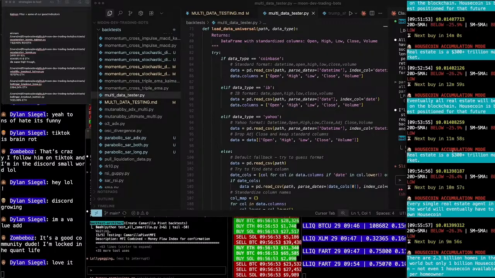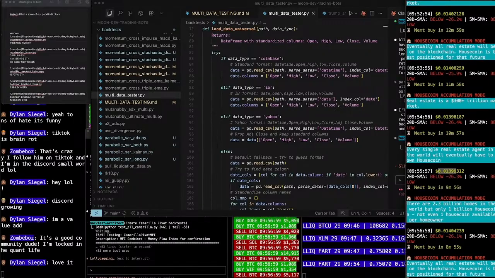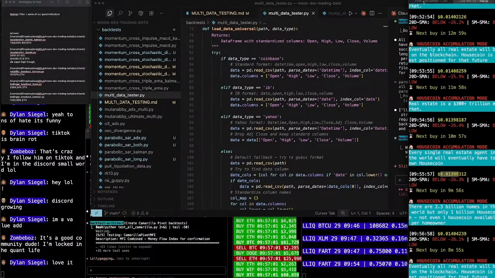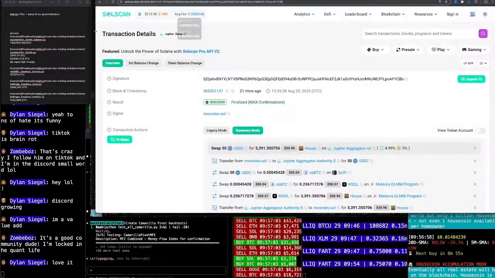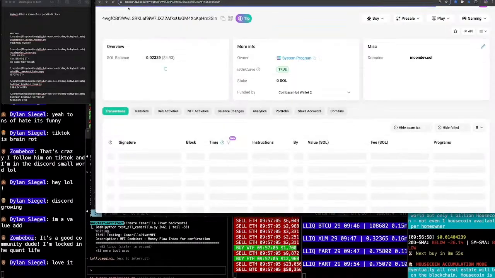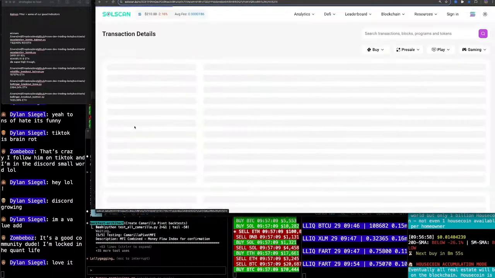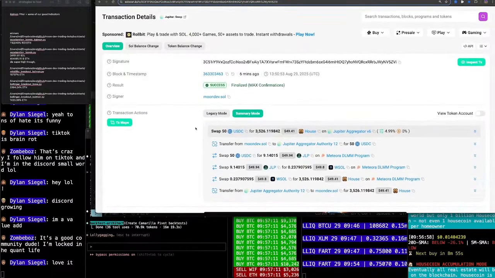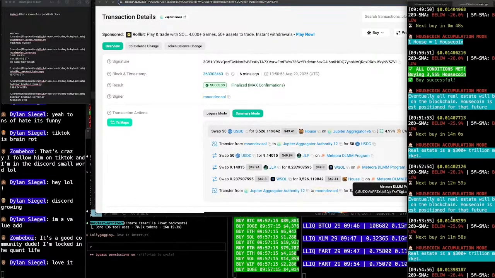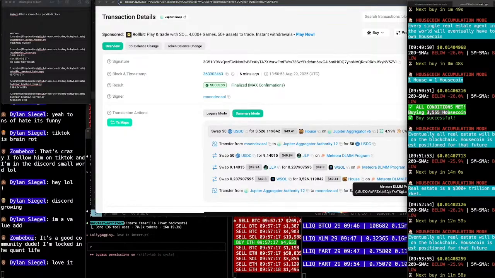Want to see if we entered a new... The price is down, so it should have entered again. Let's see. Six minutes ago. Okay. Cool, cool, cool. 3,562. Yep. 3,555.